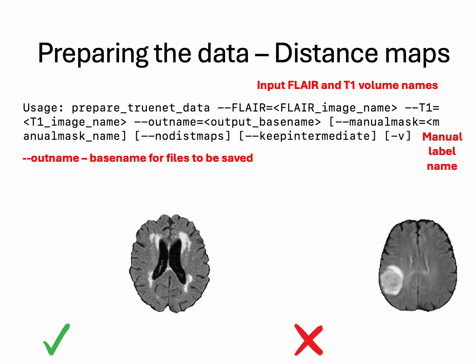Here I think it's worthwhile to add that you can do your own pre-processing pipeline, but the names of the files should be compatible with what the TrUE-Net tool expects, which we will see in the upcoming slides. If you run prepare TrUE-Net data, this automatically performs the naming convention, so you don't have to do anything in addition. If you do the pre-processing on your own, please notice the naming convention and stick to it.